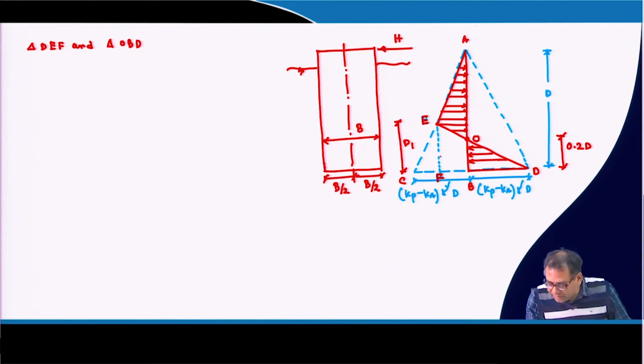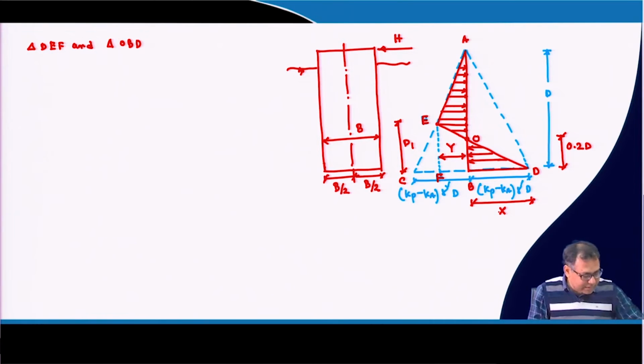If I take this distance as y, or this pressure value as y, and this value as x, then from similar triangles, because these two triangles are similar, one is the bigger one and the other is the smaller one.